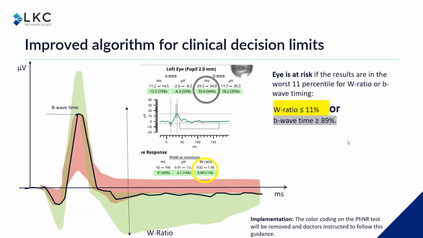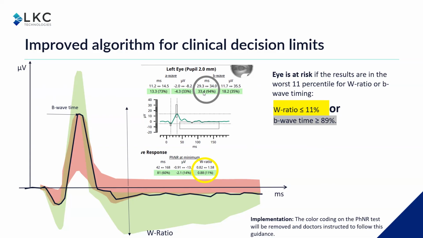So either one will indicate a possible reduction of the function of the ganglion cells. And here are the numbers to keep in mind: W ratio equal to or less than 11%, B wave time equal to or more than 89%.